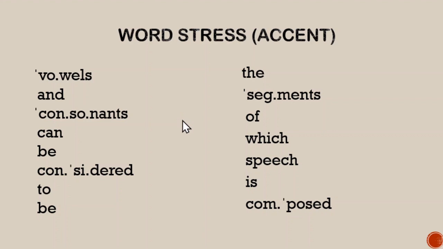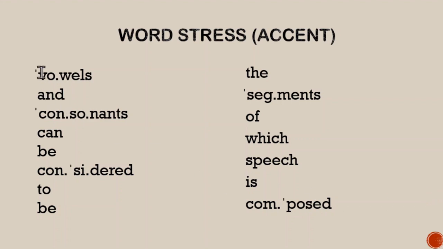In Indian languages like Malayalam or Hindi, we usually give equal importance to all the syllables in a word. For example, the word Malayalam, we give equal importance to ma, la, ya, and lam. All the syllables are given equal importance. But the English tradition is different.